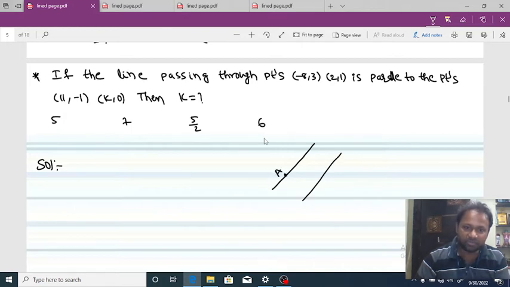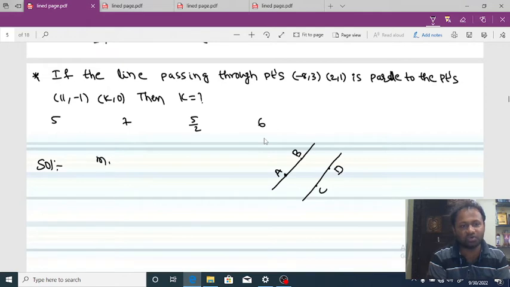Here the first point and second point, and here the third point and fourth point. Total 4 points are given. In the last class we have seen that whenever two lines are parallel, then their slopes are equal. So m1 is equal to m2.